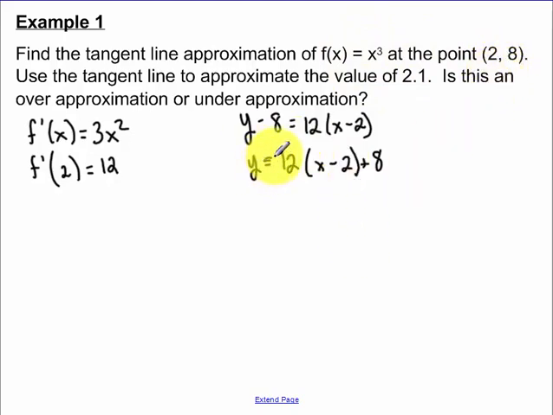Actually, I should have little approximating symbols in there. So y now is approximately, for this function value, plug in this as your x: 12 times (2.1 minus 2) plus 8.